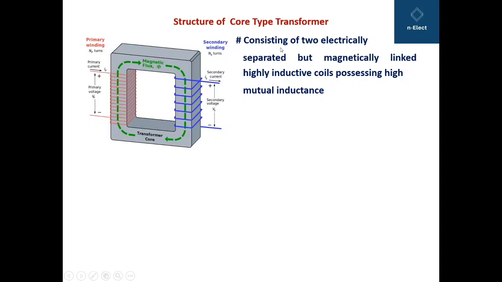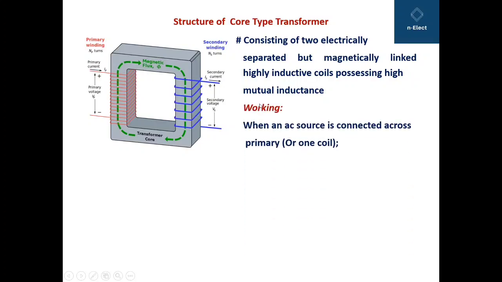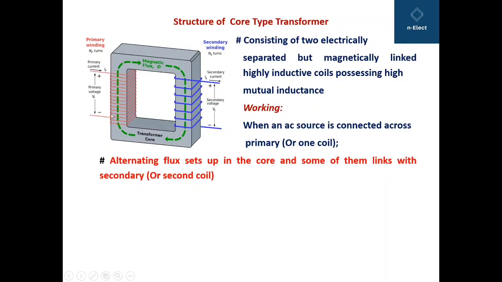So the transformer consists of two electrically separated but magnetically linked, highly inductive coils possessing high mutual inductance. So far as the working is concerned, when an AC source, as you can see here, is connected across the primary or one coil, alternating flux sets up in the core. Why alternating flux?